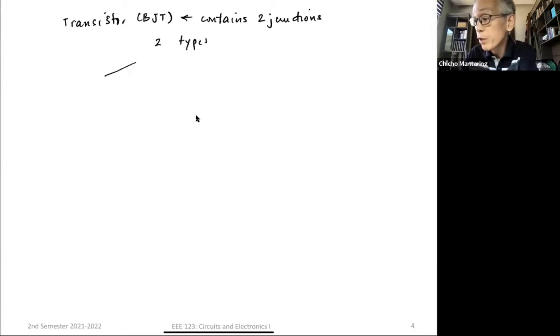The first is the NPN, and the second is the PNP. You have your NPN transistor and you have your PNP transistor. Again, a very simplistic construction. This is putting it very simplistically, but for illustrative purposes, what do these constructions look like?